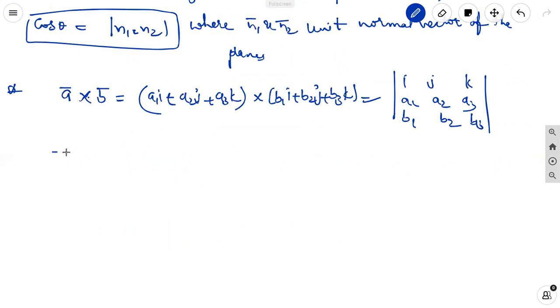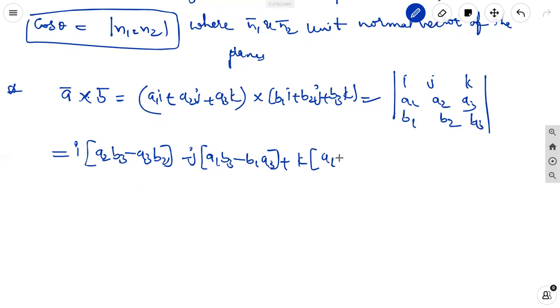So the cross product of the two vectors is i times (a2 b3 minus a3 b2), minus j times (a1 b3 minus b1 a3), plus k times (a1 b2 minus a2 b1).